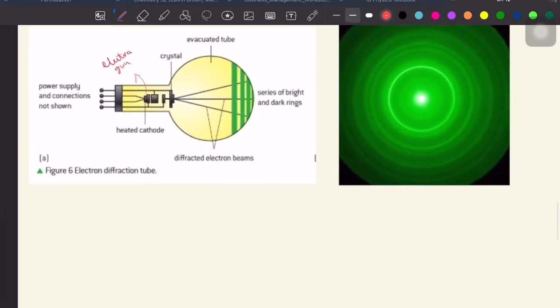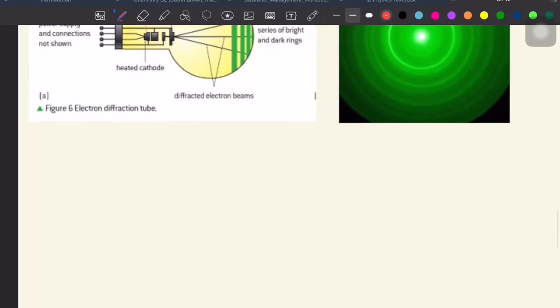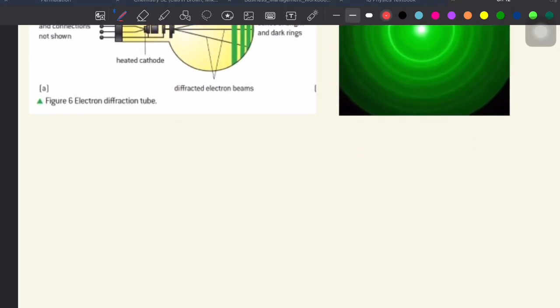And so we can actually write an equation for this to demonstrate this mathematically. So the electrons here are accelerated through a potential difference, right?